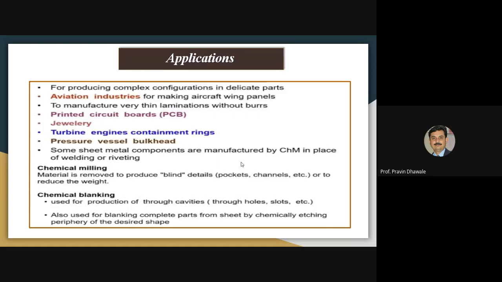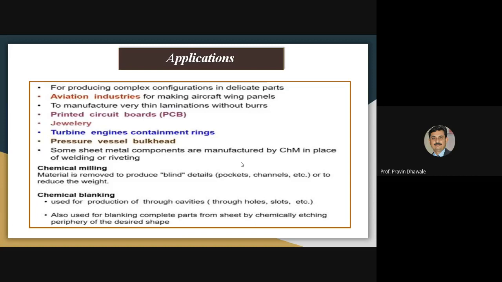Certain jewelry, turbine engine rings, pressure vessels, bulkheads, PCB, that is printed circuit boards, and some sheet metal components that cannot be manufactured by welding and riveting can be easily manufactured by using the chemical machining process.